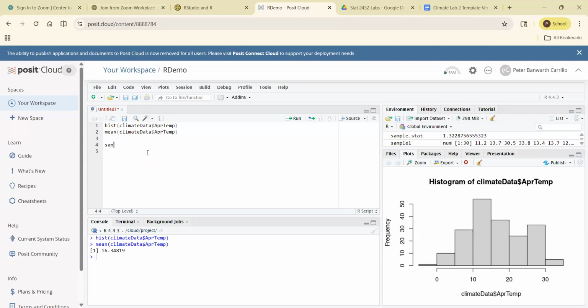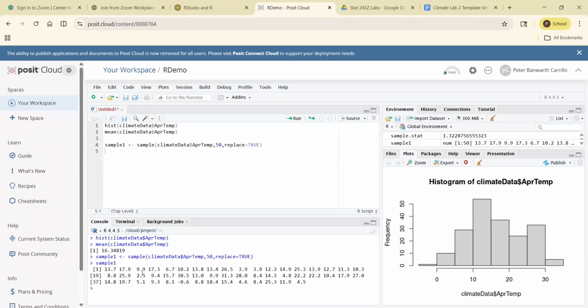Now let's take a sample of that climate data. Let's take 50 observations, nice and big. And we're going to allow ourselves to choose the same observations more than once because we're treating this population like a probability distribution. Here's our sample.